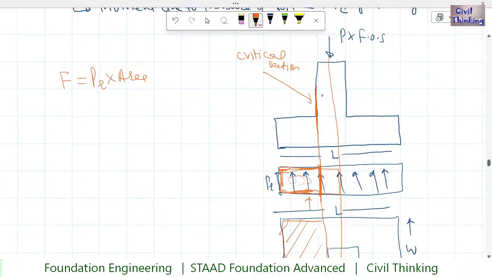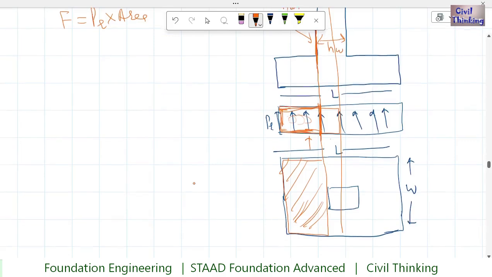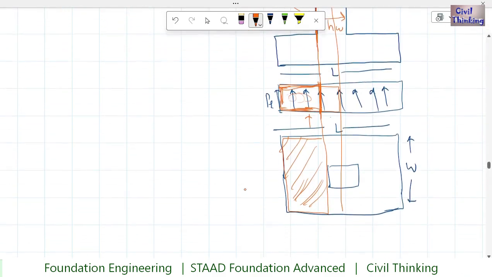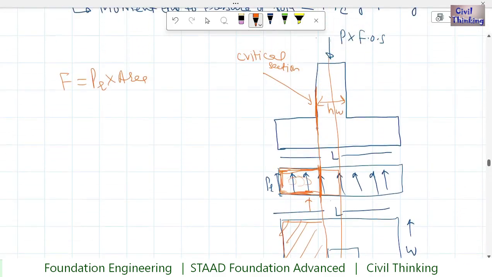Let us say we have the dimension of the column as, for example, HW. The total is L. So L minus HW is how much? Total is L and HW is this, so L minus HW is this much and this much.